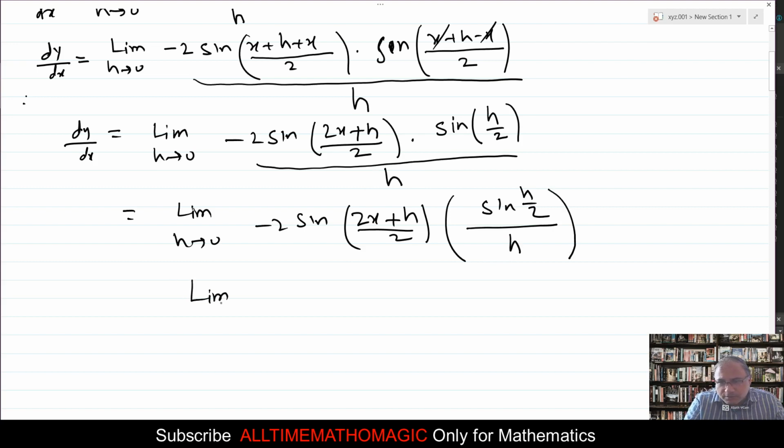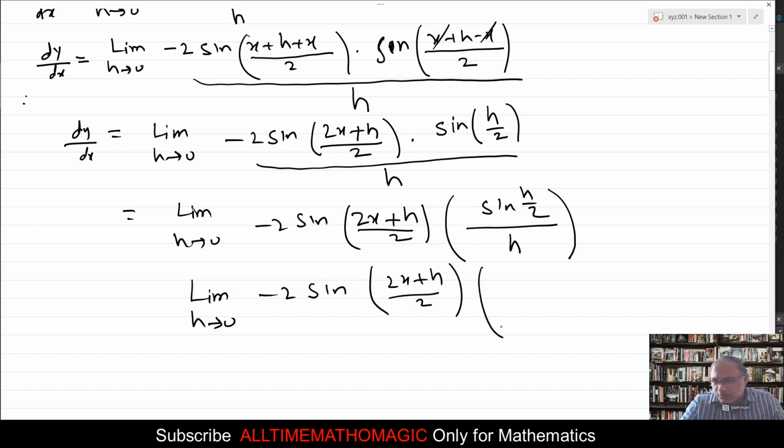Next step, limit h tending to 0 of minus 2 sin of (2x plus h) by 2. Here for sin h by 2, multiplying and dividing by 2.